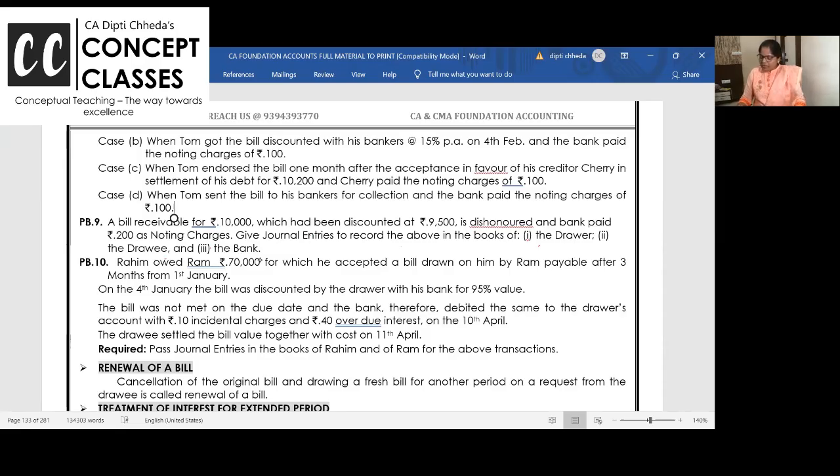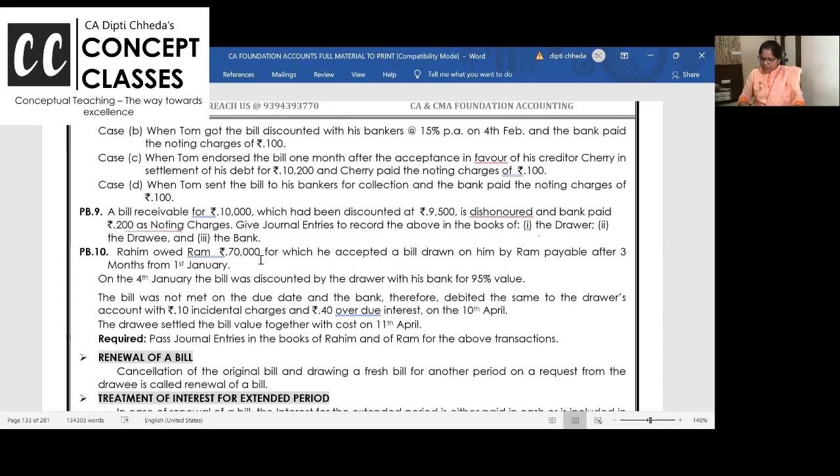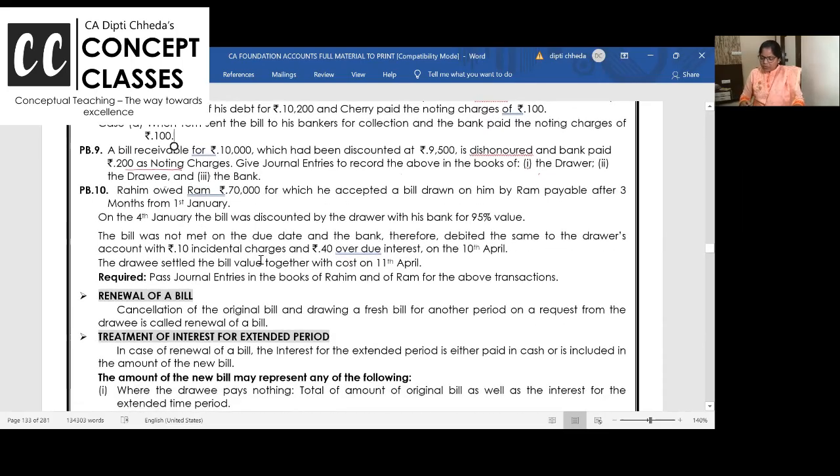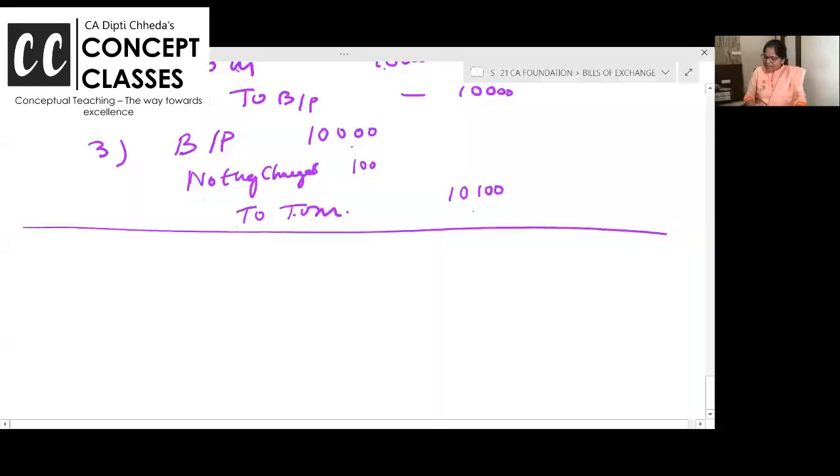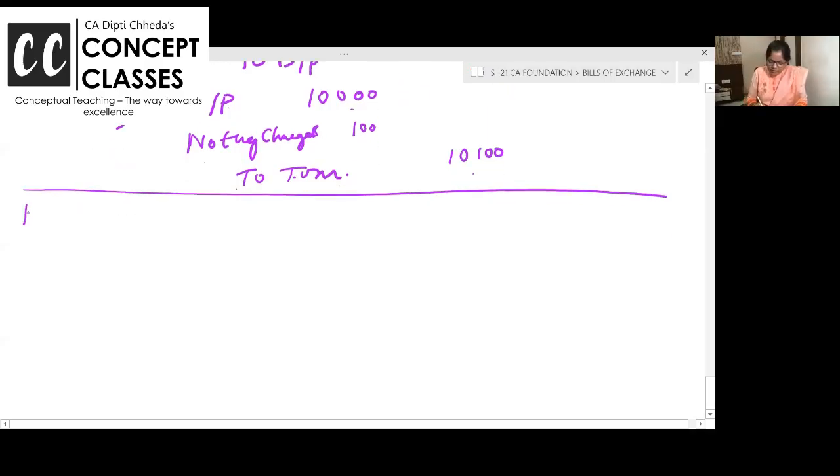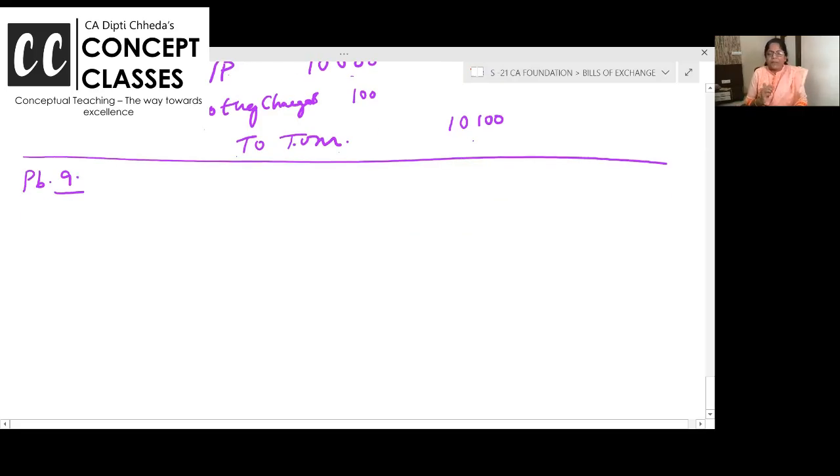10,000 rupees bill was discounted at 9,500 and 200 are the noting charges. And this is dishonored, right? So 9th problem, let us all check. Just single journal entries. Already this is discounted with the bank. Are you all with me? We are practicing some more dishonor problems. So 9th problem, all of you with me.